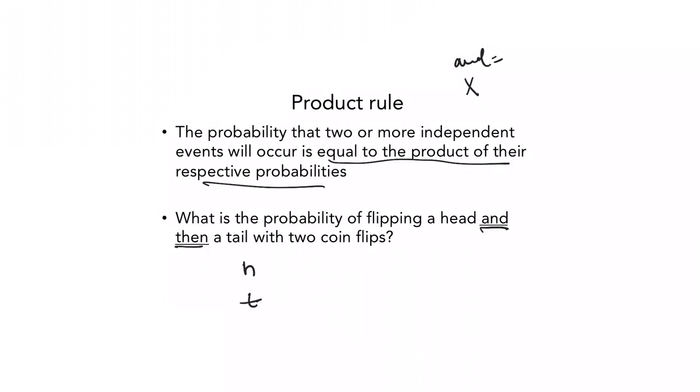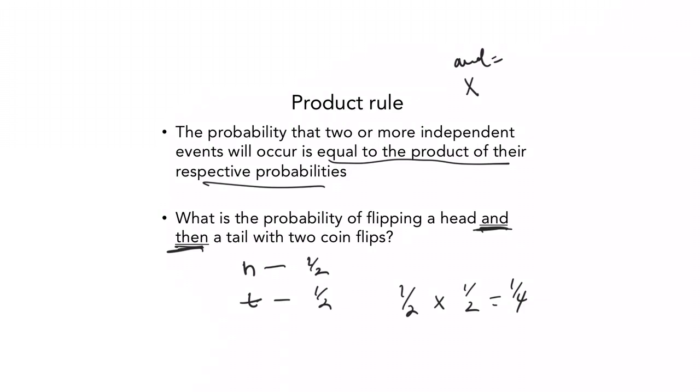That's the only order that's going to satisfy this condition, a head and then a tail. We know the probability of a head is simply 1/2 for a coin, and the probability of a tail is simply 1/2. So the probability that you get a head and then a tail is equal to 1/2 times 1/2, which equals 1/4.